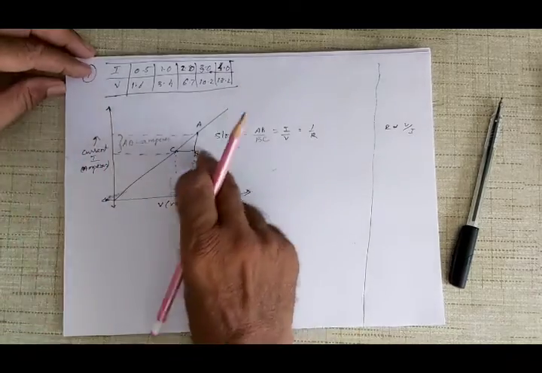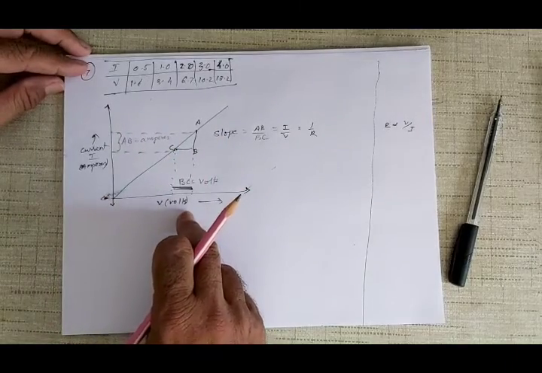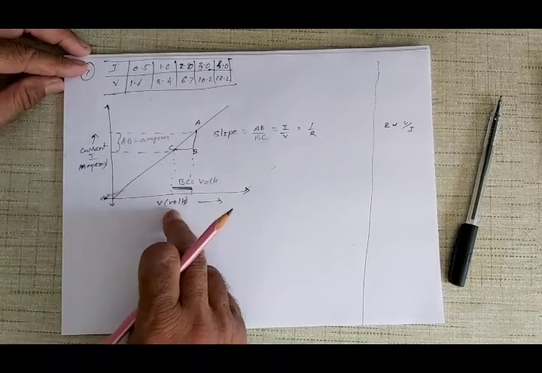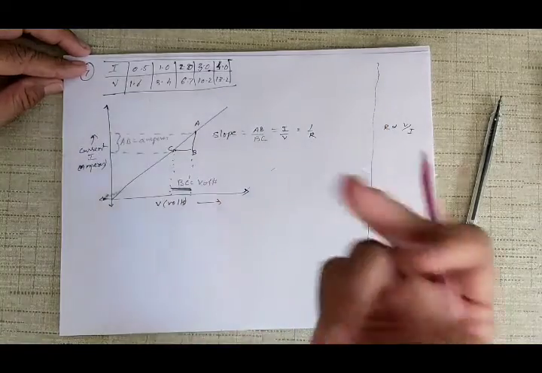Slope is AB upon BC, लेकिन वो क्या हो जाएगा, करंट अपॉन पोटेंशियल डिफरेंस। उसका उल्टा करो तो R आता है.